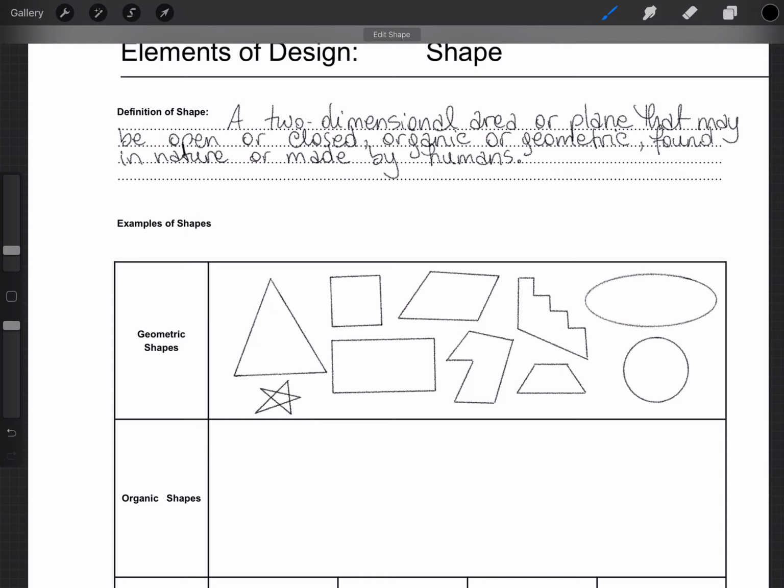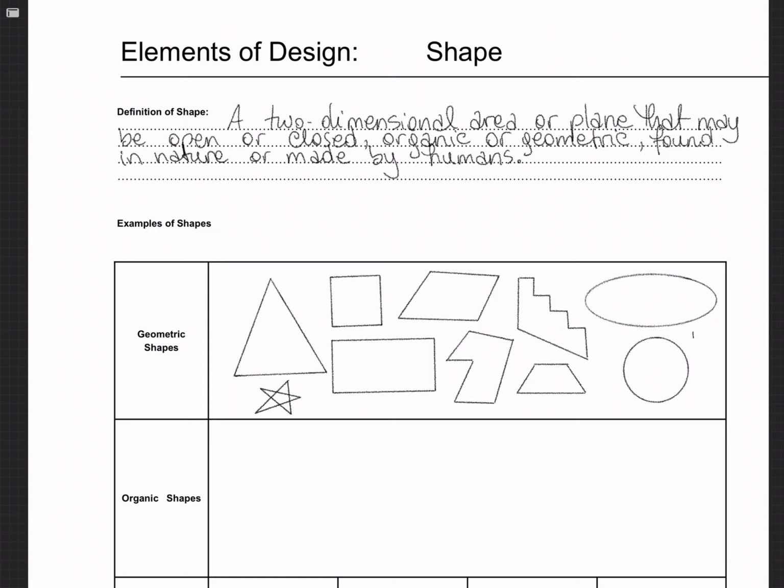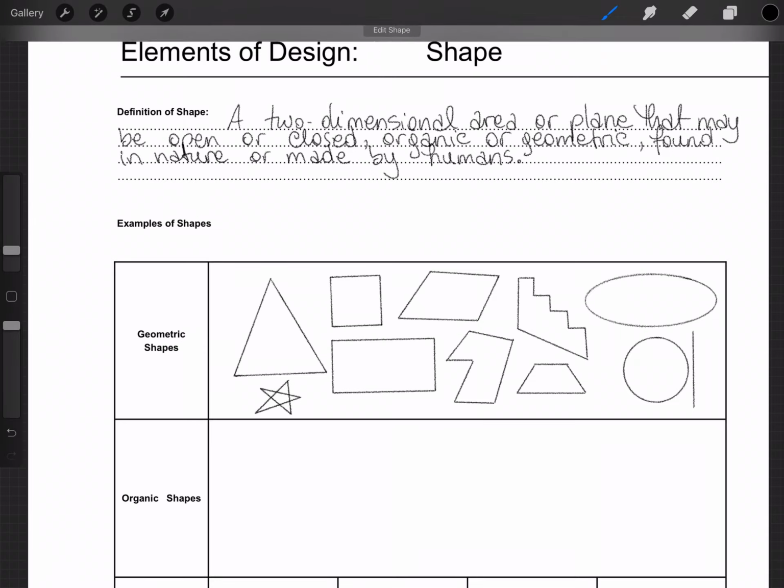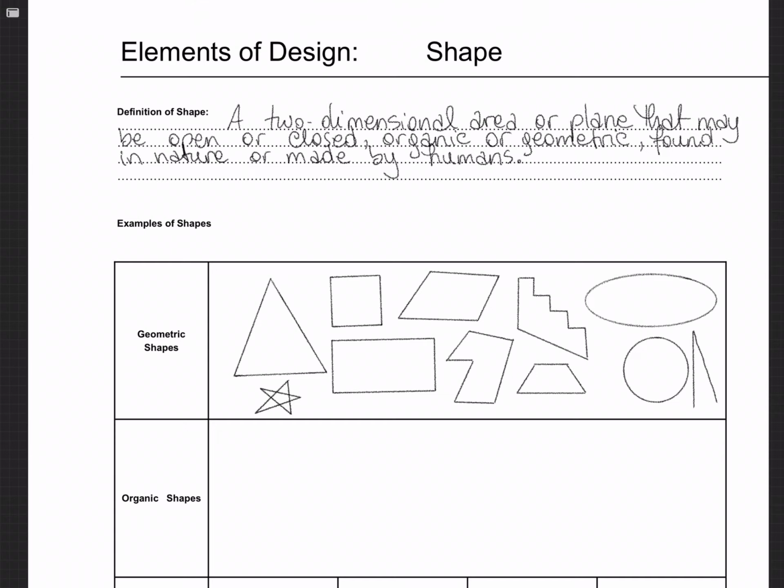A star shape that is formed out of straight lines and angles. I'm pretty sure you get the idea of the variety of shapes that will fall in this category.